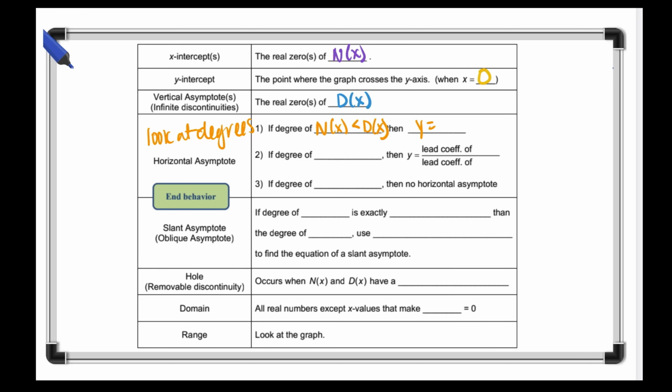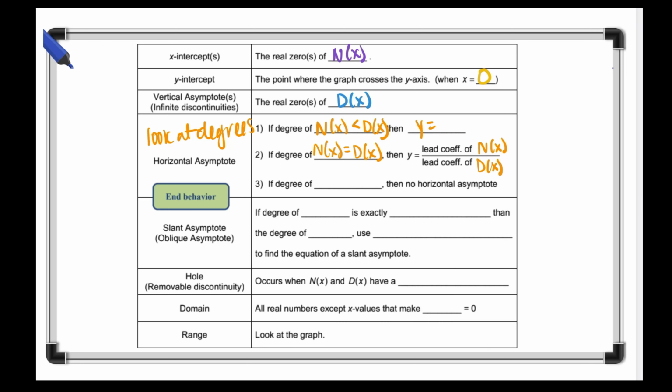Okay, so now if the degree of your numerator is equal to the degree of your denominator, your horizontal asymptote is at y equals the lead coefficient of your numerator over the lead coefficient of your denominator. So you just go ahead and divide those.